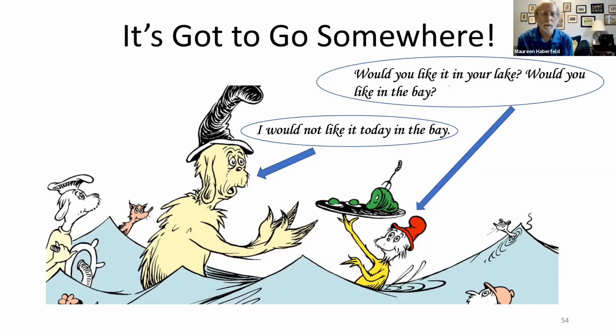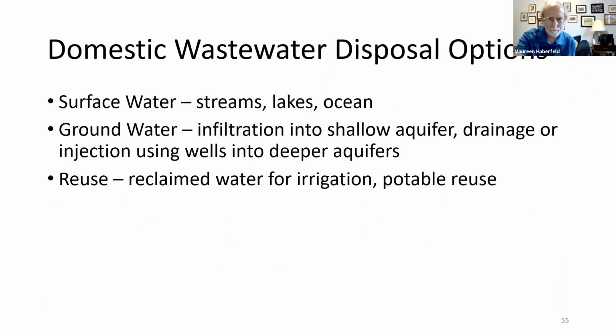And I like to say when we get into discussions about wastewater treatment and wastewater disposal, I always remind them, no matter how much you treat it, it's got to go somewhere. All right, where can it go? Where can it go after we treat the wastewater?